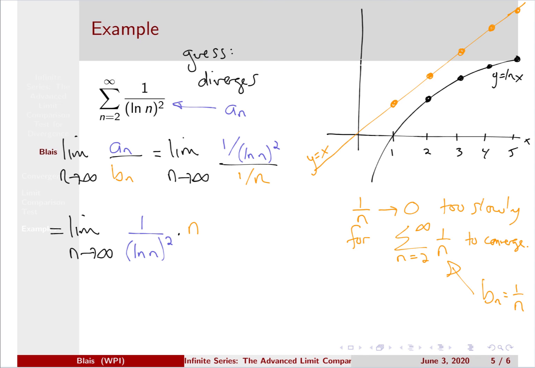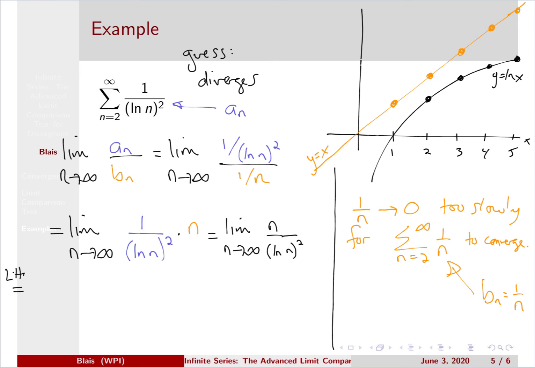Now we need to think about this as a race situation. We have (natural log of n) squared in the denominator and n in the numerator. This yields an indeterminate form of infinity over infinity if we tried to directly evaluate the numerator and the denominator, which means we can use L'Hopital's rule.